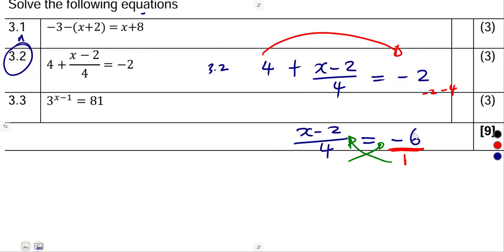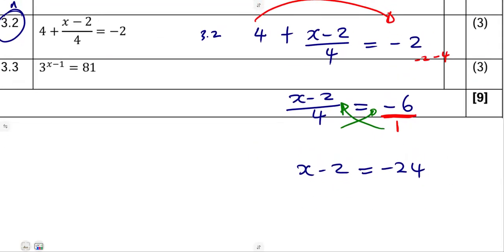We have a single fraction, that's a single fraction again. So cross multiply, 1 is going to multiply x minus 2. So that's x minus 2 is equal to 4 multiplies on the other side minus 6. 4 times negative 6, that's negative 24. All right, so it's going to give us negative 24.